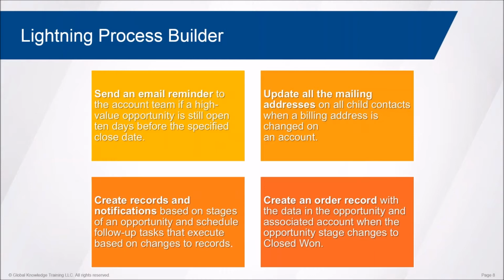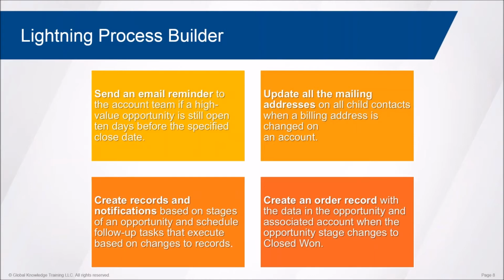We want to automate it so that anytime we change address information on the account, it also rolls down to and modifies all of the contacts' mailing addresses, because if these contacts work for a specific company or organization and their mailing address changes, so too would the contacts' work address change as well.